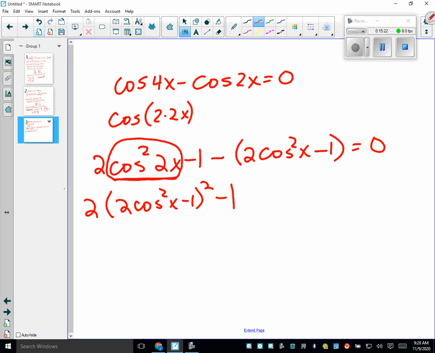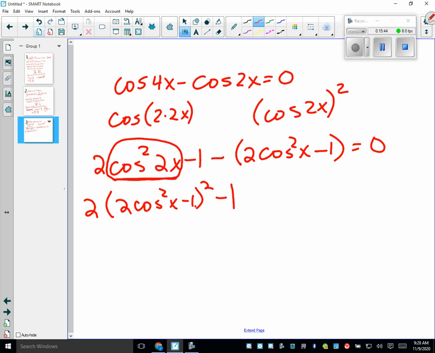That's the cosine formula: cosine 2x is 2 cosine squared x minus 1. This cosine 2x is the same thing as this. So I took this and in place of cosine 2x, I put what it equals, and the whole thing is squared.